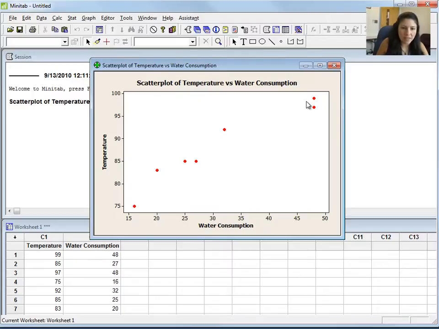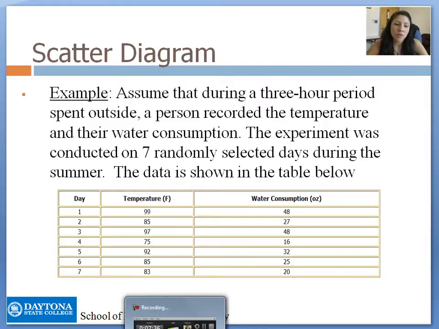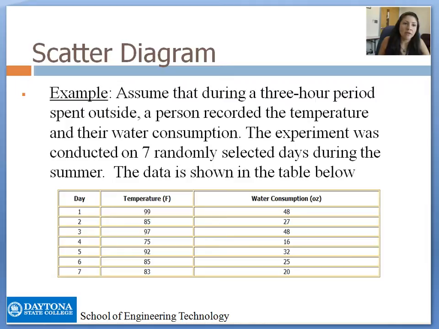So you can see that they have a kind of strong relationship. If you trace a line, you can see that. So once again, this is the scatter diagram, and this is another SPC tool.